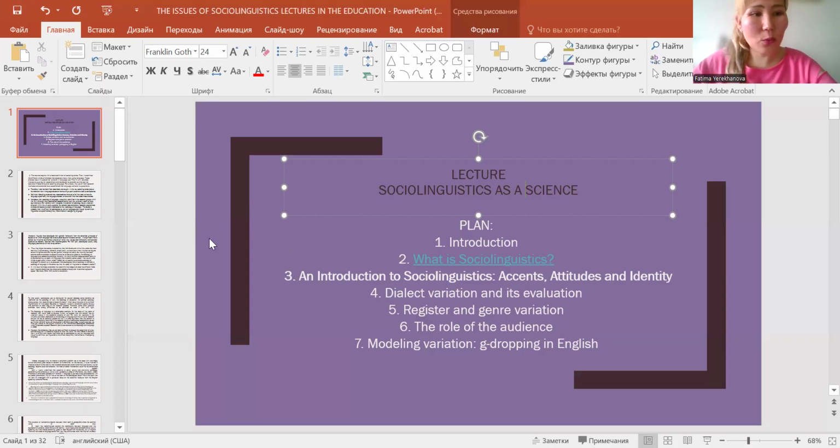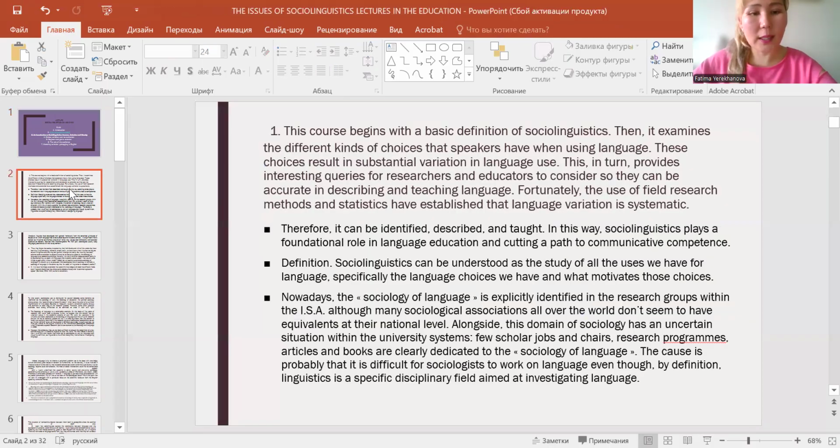So what else? We will now, of course, start from the theoretical part, theory, as you can see. This course begins with a basic definition of sociolinguistics. It examines the different kinds of choices that speakers have when using language.